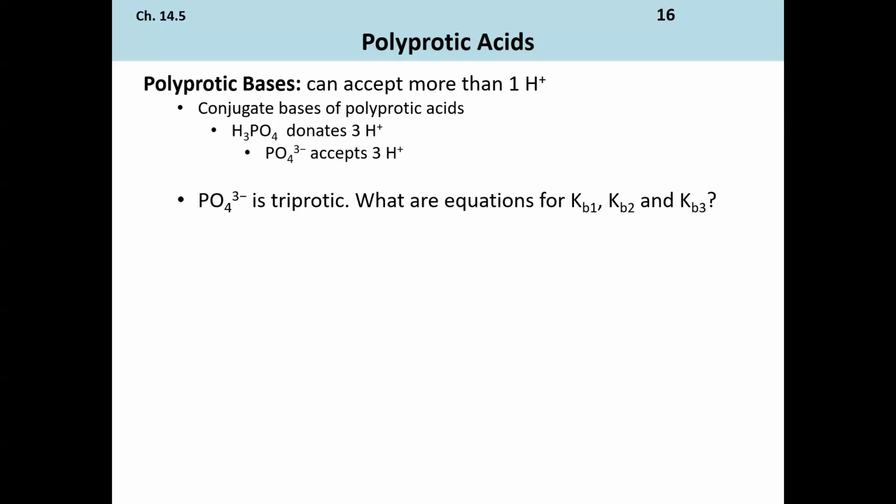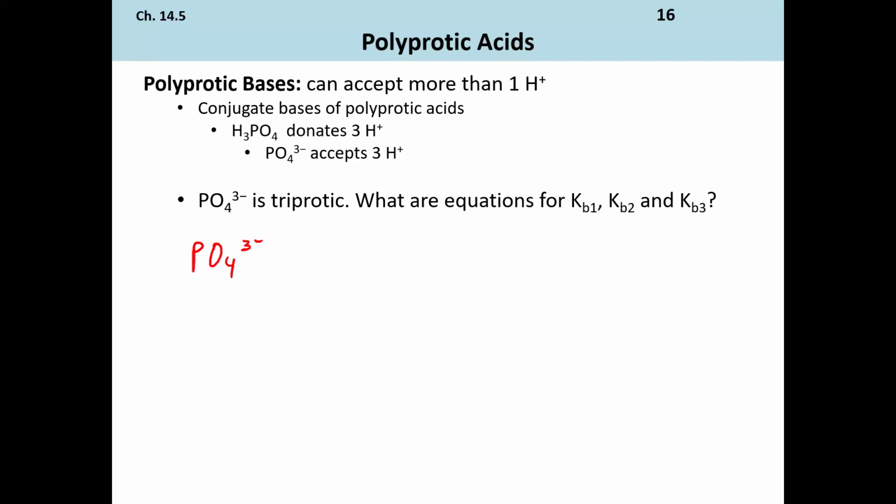We want to figure out the equations for the first, the second, and the third accepting of the H plus. Okay. So I want you guys to do this. I say PO4 3 minus is a base.